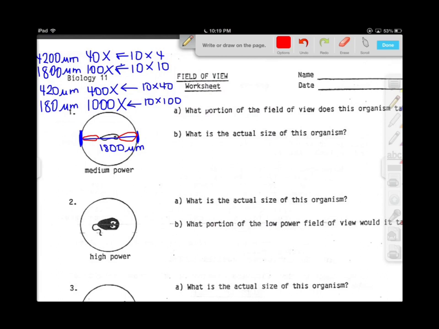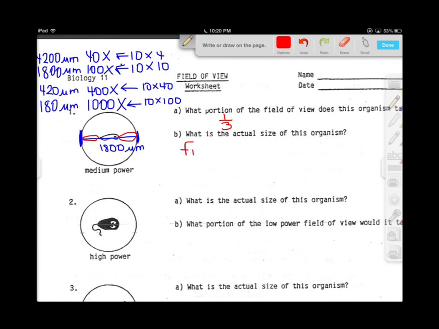If you don't see it, the way you do these is you take the fraction, 1/3, and you multiply it by the field of view. It's like dividing by 3 in this case.